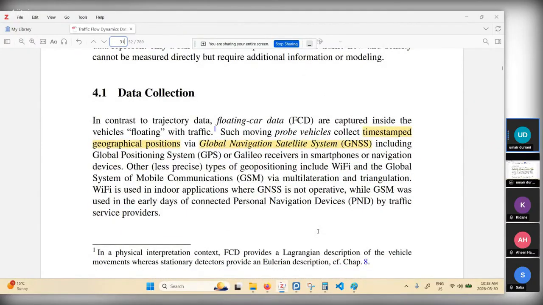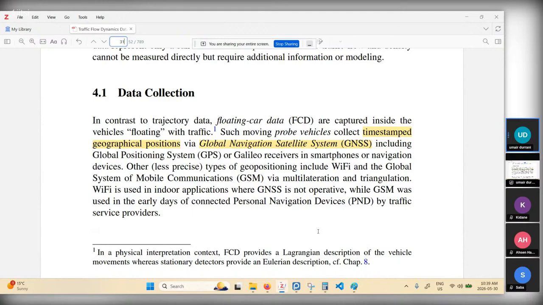So floating car data, and in the book the acronym that is used is FCD. So whenever we see that, that means floating car data. And then there's also XFCD, which indicates extended floating car data, which we'll see in a moment. Floating car data is captured inside vehicles that are traveling with traffic.